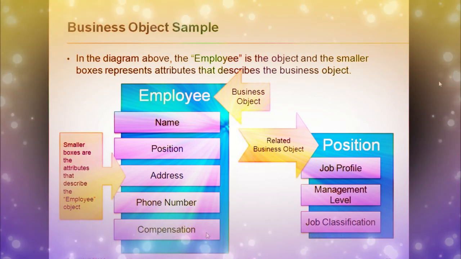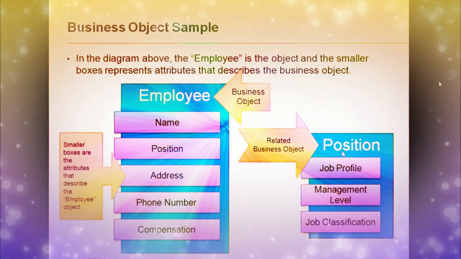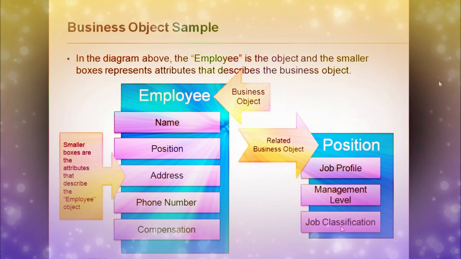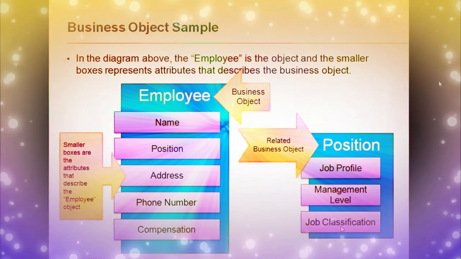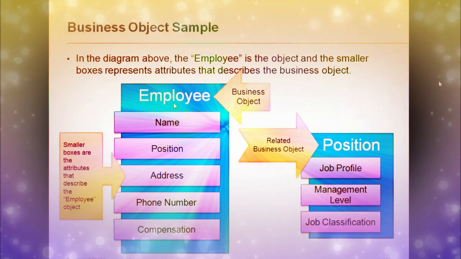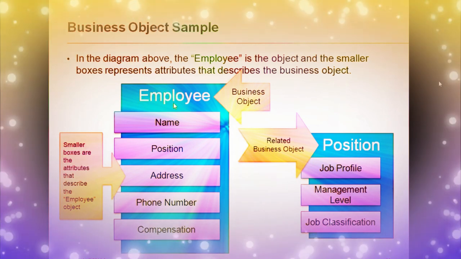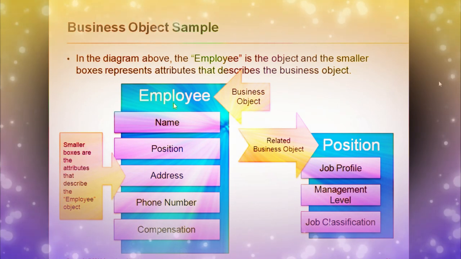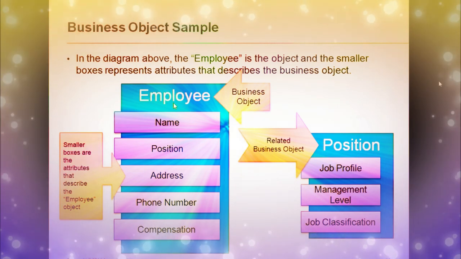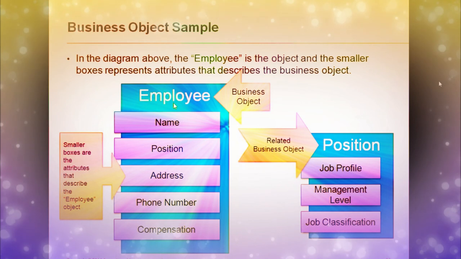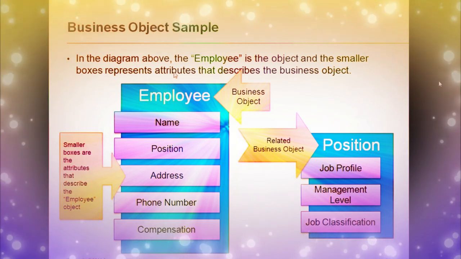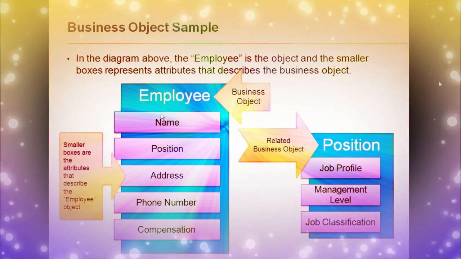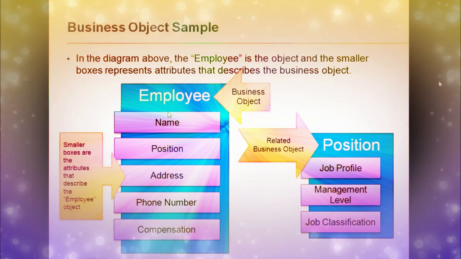And under position, the related business objects are job profile, management level, and job classification. So this is the object. As I told you, we can use the powerful tool, the search box. Any kind of business object, or even a task or a report, we can just search for. If we type employee, we'll get all the objects that are related to employee.